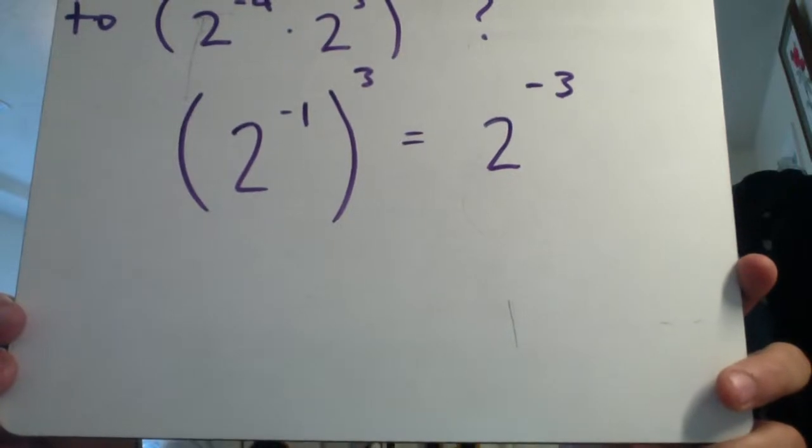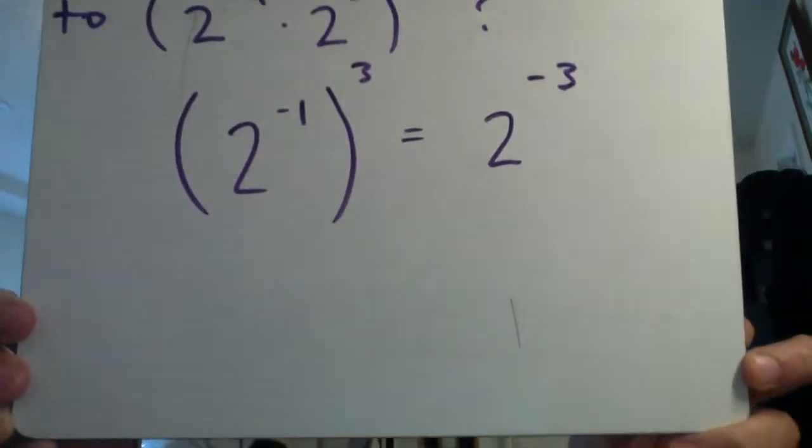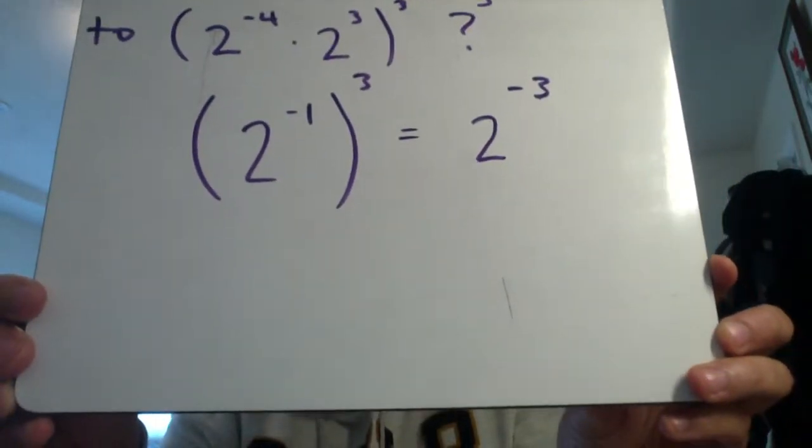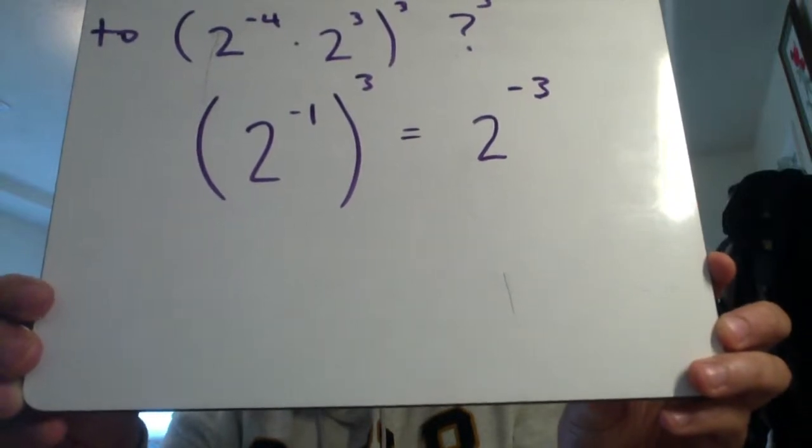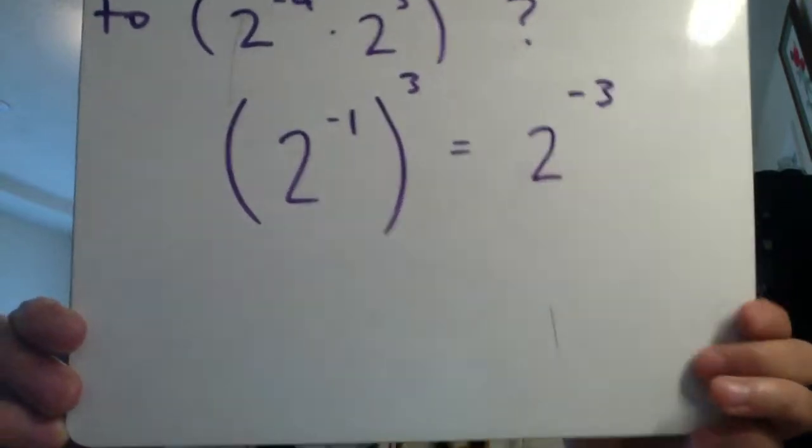We're using the power rule. Negative 1 times 3 is negative 3. So now we have 2 to the negative 3, which is the same thing as 1 over 2 to the third power. And that is a fraction that equals a certain number.